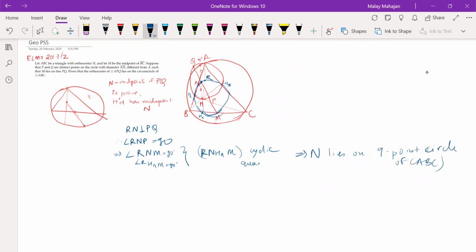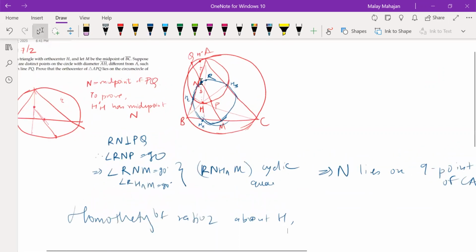And if you take a homothety of ratio 2 about H, it sends the nine-point circle to the circumcircle ABC. So it will send N to a point on circle ABC. But if you see triangle APQ, H is the A antipode and N is the midpoint of PQ.